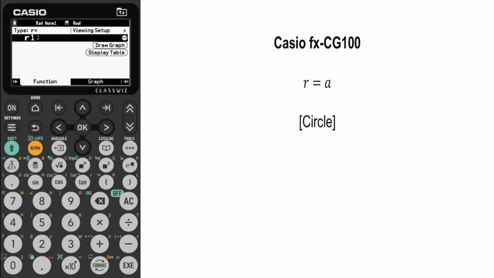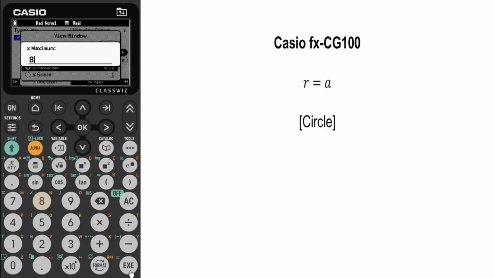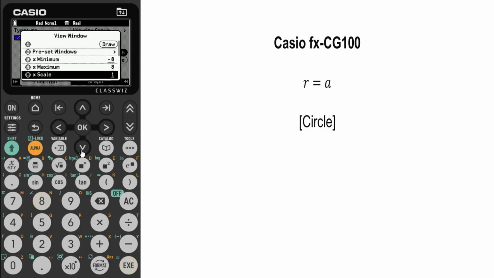Let's draw the graph of r equals a. Let's input this into our calculator. We have r equals a. Let's draw this graph. Let's change the x minimum to be negative 8, x maximum to be 8. We'll leave the x scale as 1.